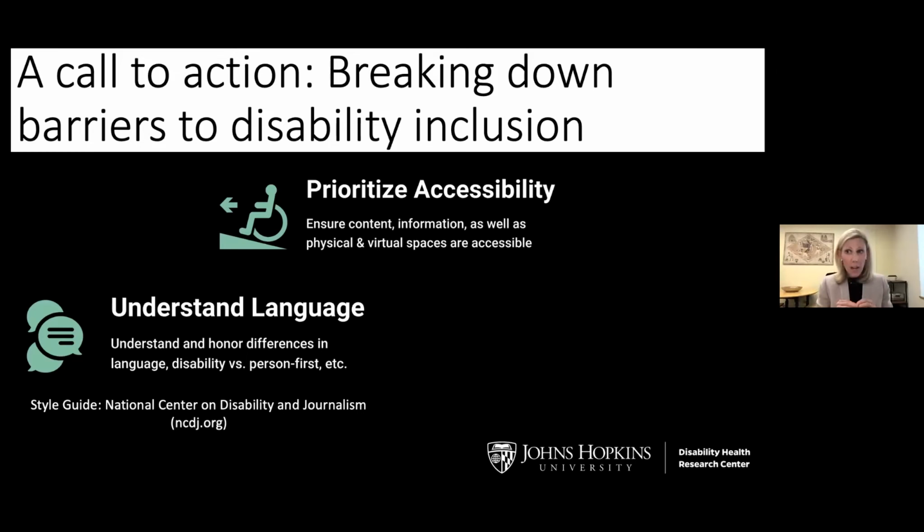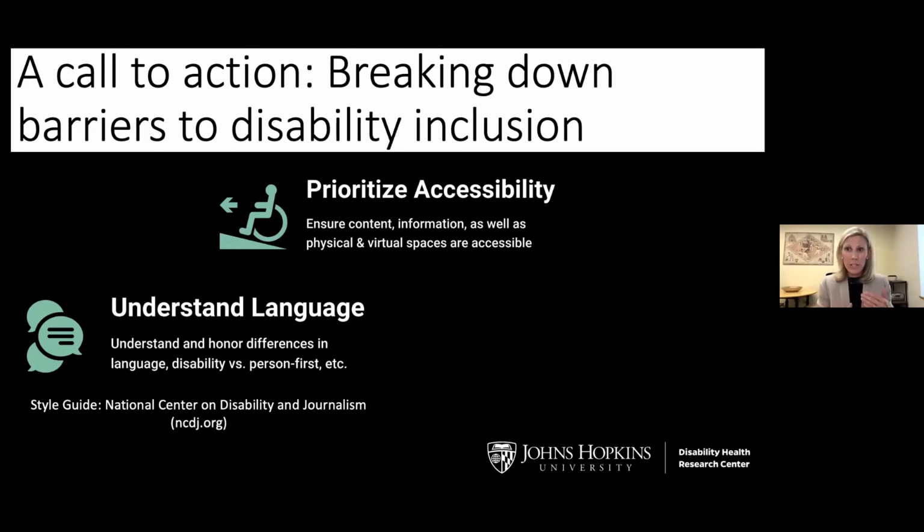Now, I recognize there is difference. Not everybody appreciates the word disability. And on top of that, there is heterogeneity, much like the umbrella of disability is broad. Some people prefer disability-first language, so I'm a disabled person, versus person-first language, I'm a person with a disability.